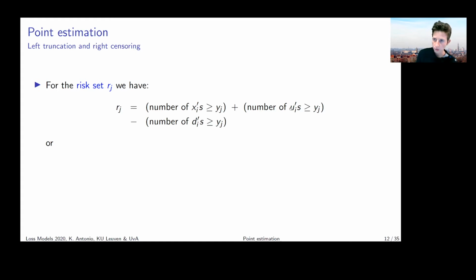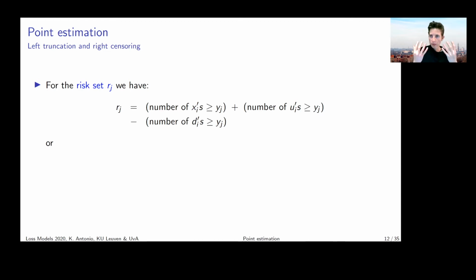How many of the right censored observations did we observe, which are above or equal to yj? And what we're going to subtract is the number of di's, left truncation points, which are above or equal to yj. And why do we subtract this last part?